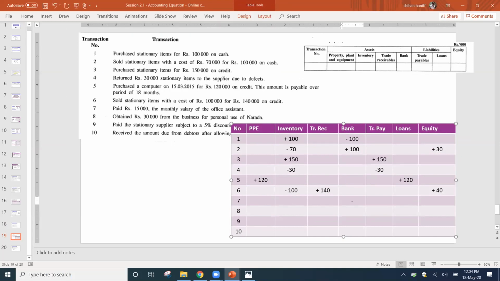So bank will be minus, and it is an expense. Salary, equity will be minus. Equity will be minus.